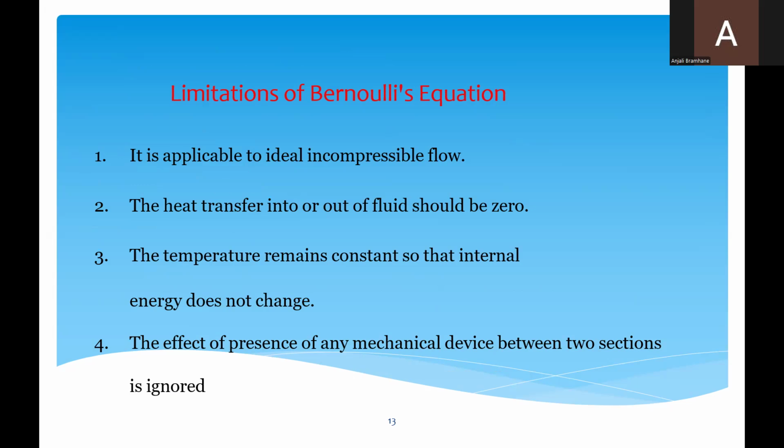Next, the heat transfer into or out of fluid should be zero. The temperature remains constant so that internal energy does not change. And last limitation is the effect of pressure of any mechanical device between two sections is ignored.